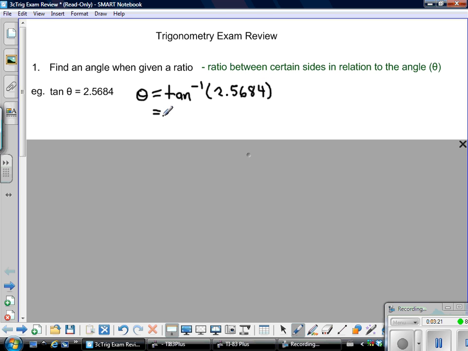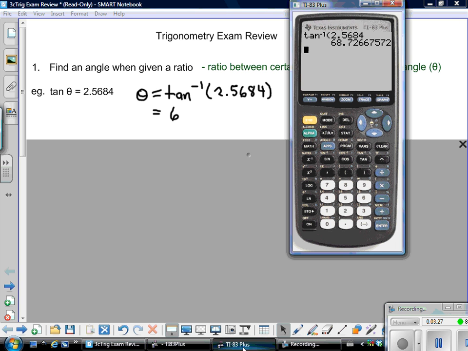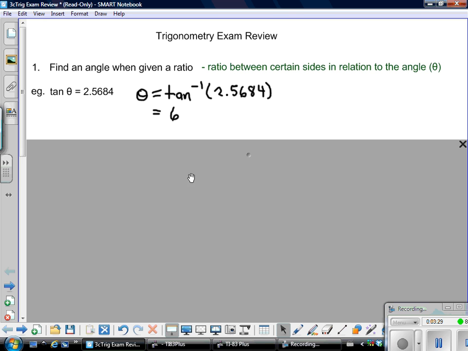And notice my calculator said, I believe, 68.7, and it is degrees, so I need to put degrees here as well for communication marks.